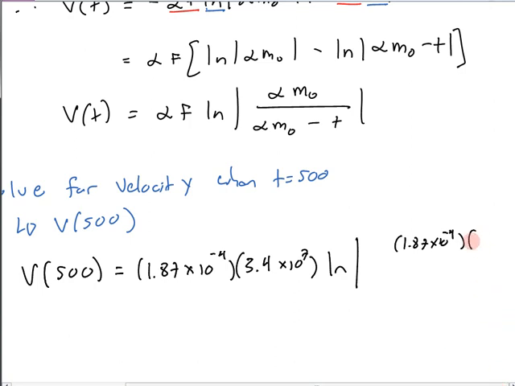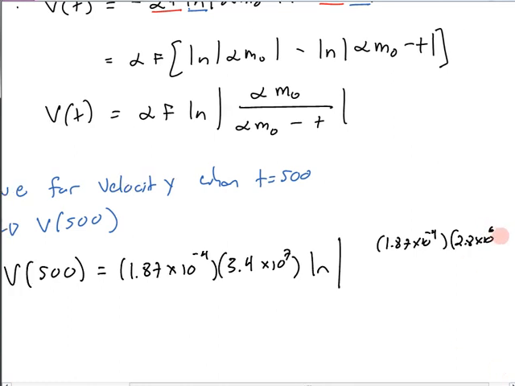M naught is the total mass of the rocket. That's 2.8 times 10 to the 6th kilograms. And we'll divide that again by alpha M naught, 1.87 times 10 to the negative 4 times 2.8 times 10 to the 6th, and then take away t. That's 500.